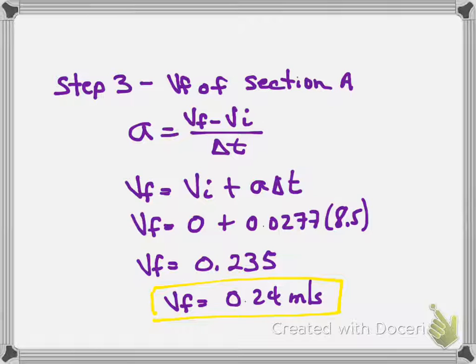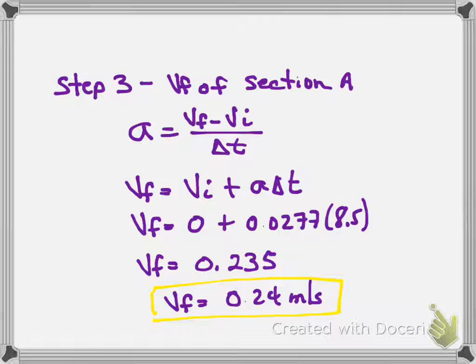Now we're going to find the final velocity of section A. We already know the F net, but now we have to figure out the acceleration rate of section B. To do that, we have to figure out its initial velocity.